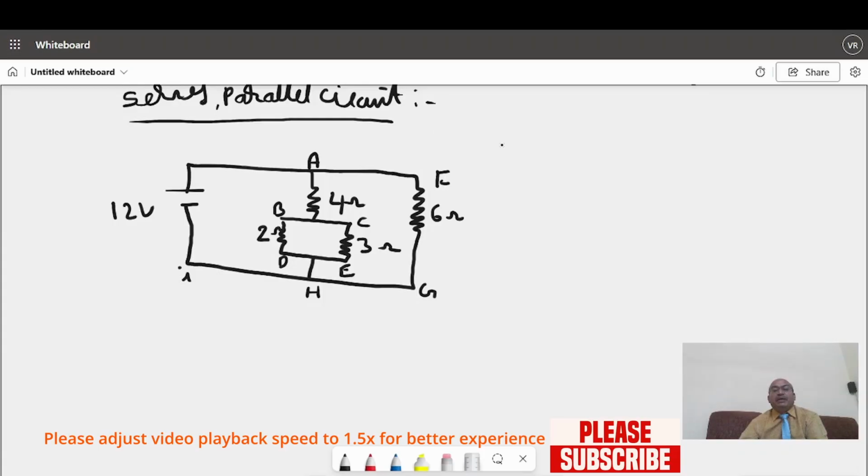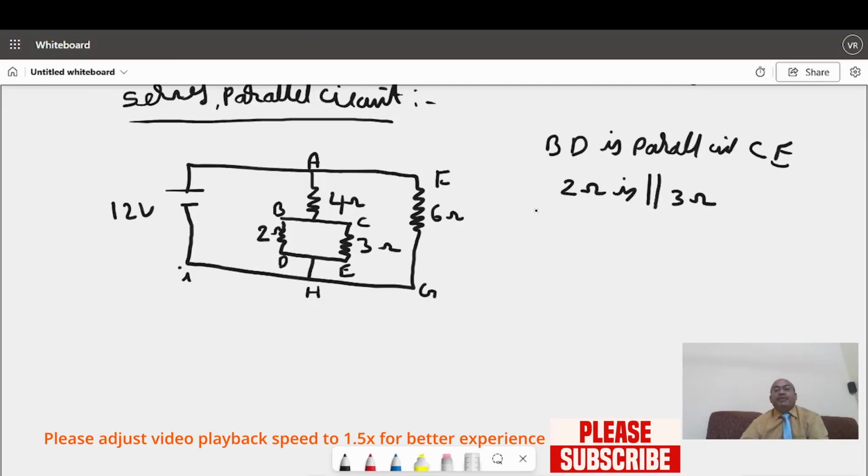Here, if you can observe, B, D is parallel with C. That means 2 ohm is parallel with 3 ohm. So the equivalent resistance for this is 2 into 3 by 2 plus 3, equal to 6 by 5, 1.2 ohms. So this is the first step.